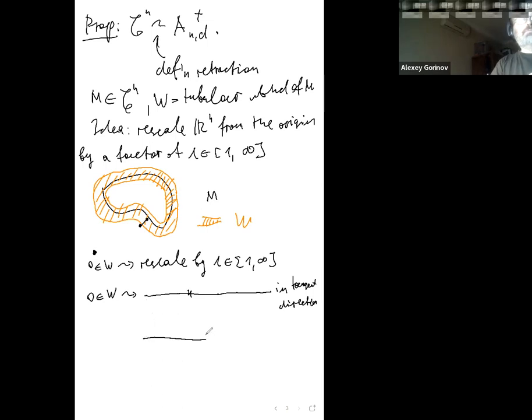So in the tangent direction, I again take rescaling by a factor which varies from 1 to infinity.